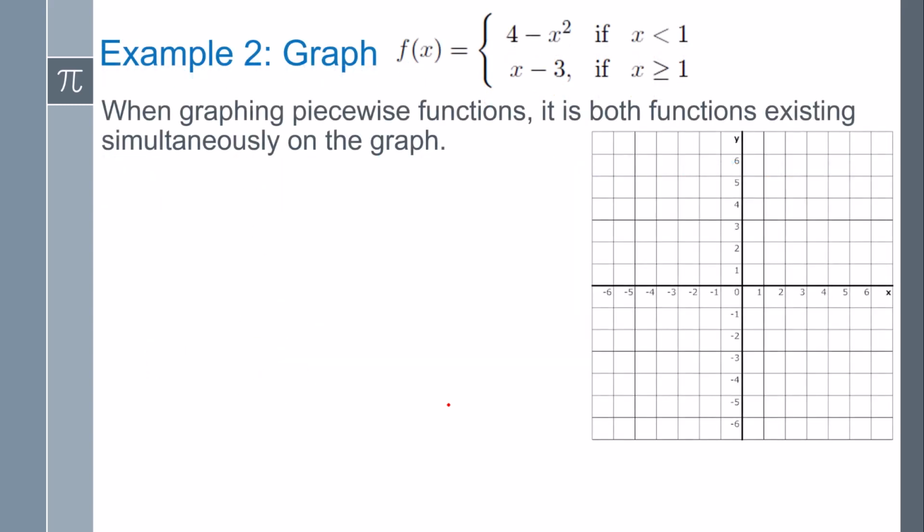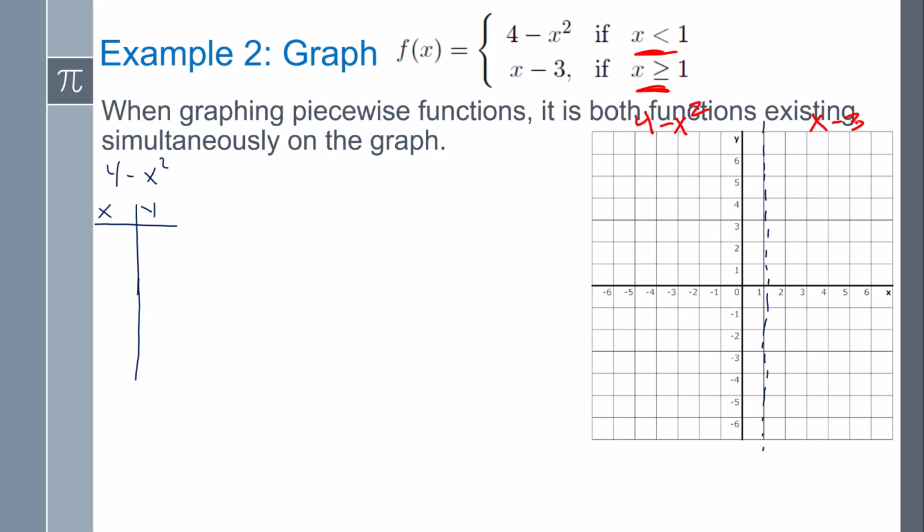Now, visually, what we're going to do is think of how this graph is being divided up. Because this says x is less than 1, and x is greater than or equal to 1, that means that this graph, the 4 minus x squared, is going to be on that side. And then on this side, the graph is going to be x minus 3. To graph them, all we need to do is just pick values and graph it.